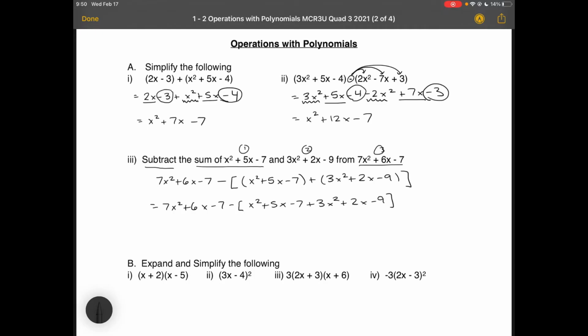And then I'm going to collect my like terms in the square brackets and then continue simplifying. So I've got my x squareds, my x's, and my constants.